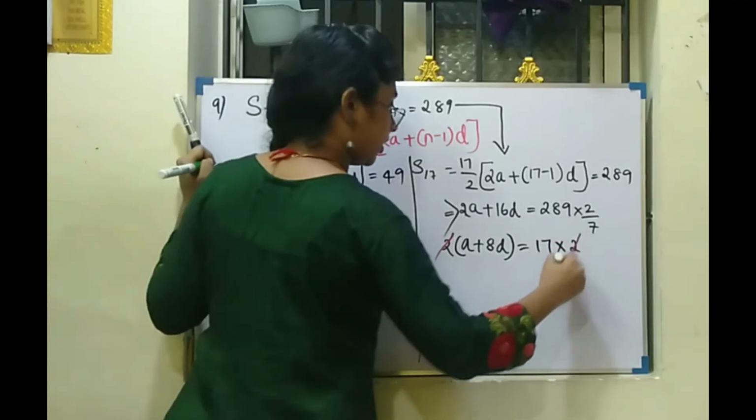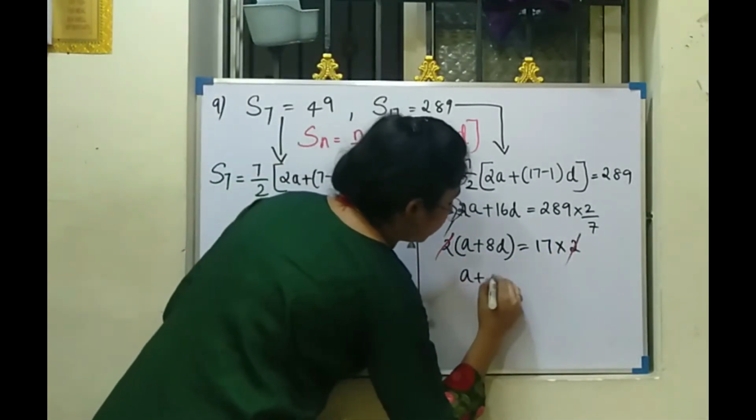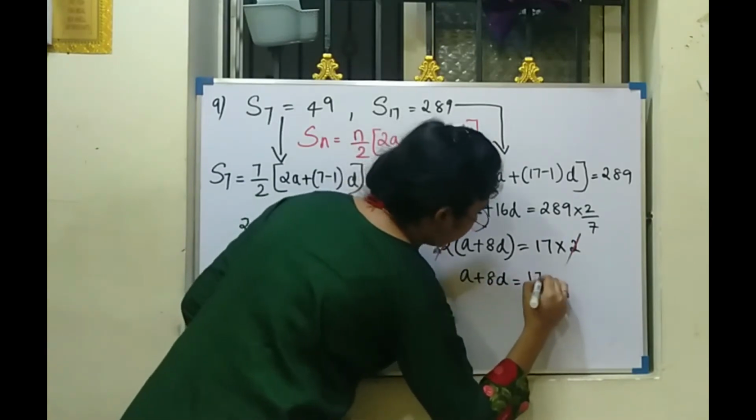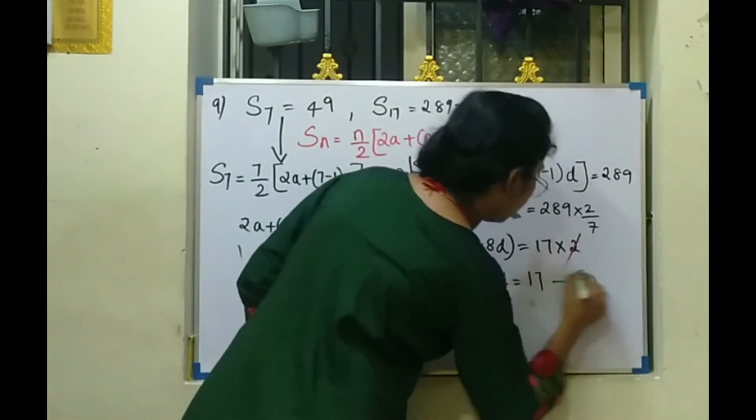This 2 and this 2 getting cancelled. A plus 8D is equal to 17. This will be my equation 2.